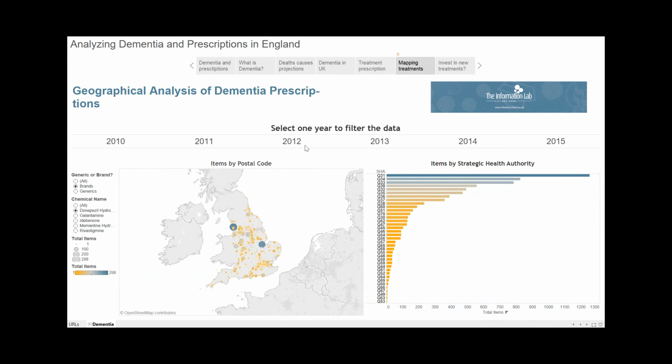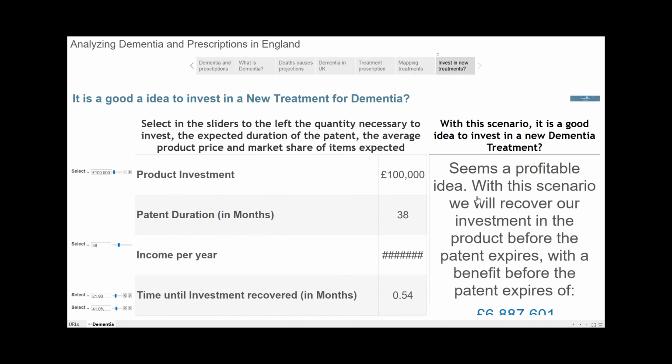And finally, just to have some fun, I imagined that we were at the Data School, investing in a new dementia product. The size of this is not very good, well, it's a matter of the resolution.